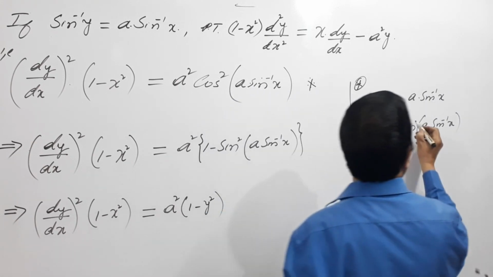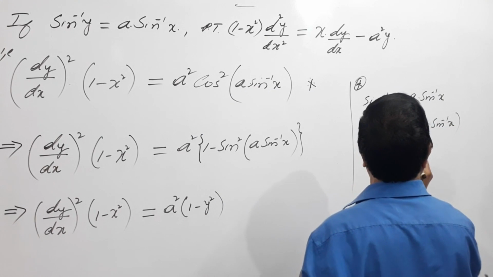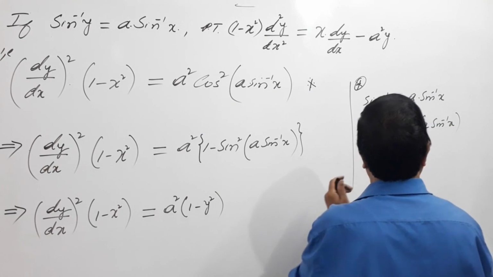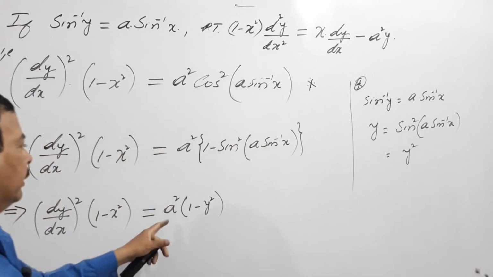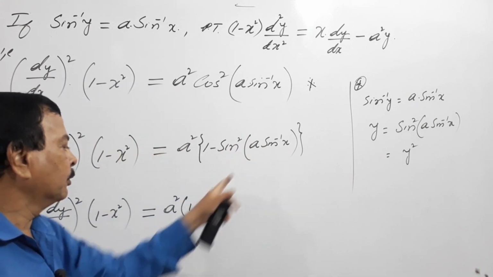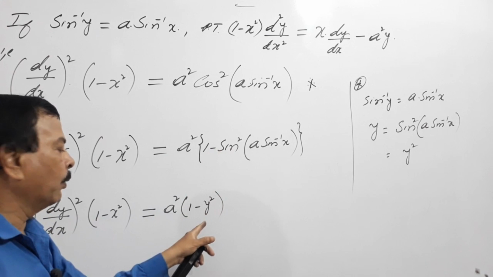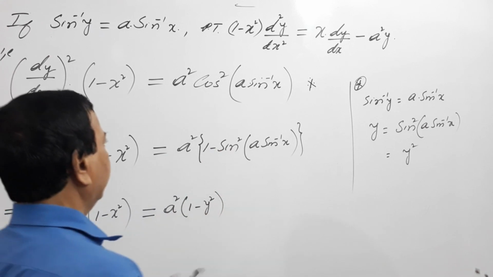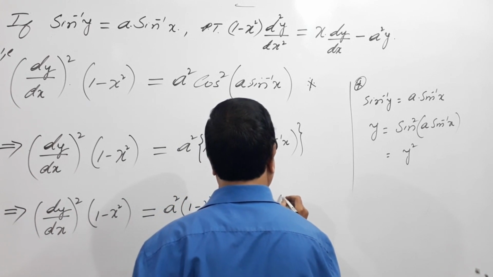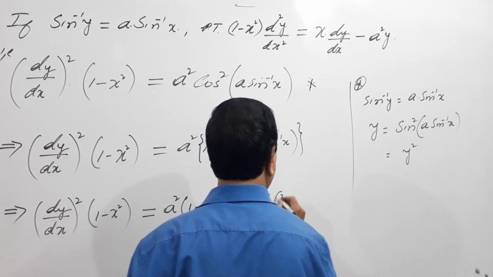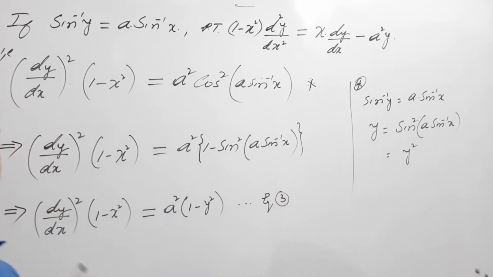So we have square here, so that becomes y square. So here I have written a square into the entire portion becomes 1 minus y square, and this is our equation number 2 or 3, I don't know. Anyway, I write 3 to be on the safer side.